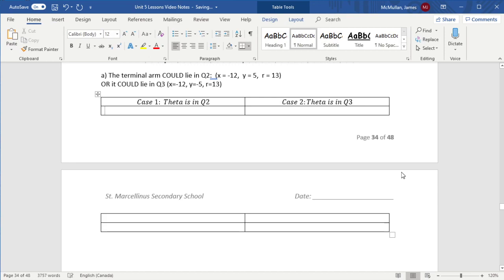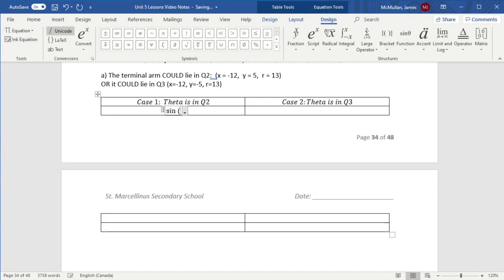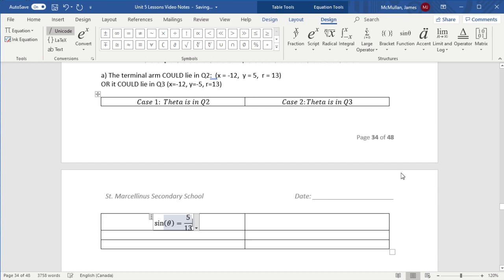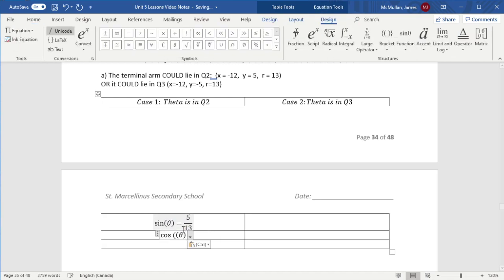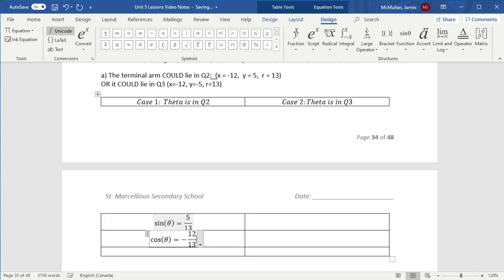If theta is in Q2, okay, then sine theta is 5 over 13. Okay, cos theta is negative 12 over 13. And tan theta is, what would it be, negative 5 over 12.